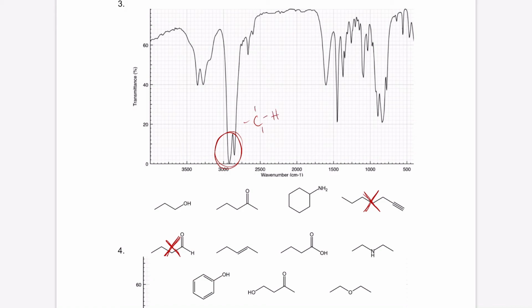However, what should really stick out in this graph are these 2 stiff double peaks right here. Anytime we have 2 stiff double peaks, we know that this is going to be a primary amine because it's within the 3300 to 3500 range.